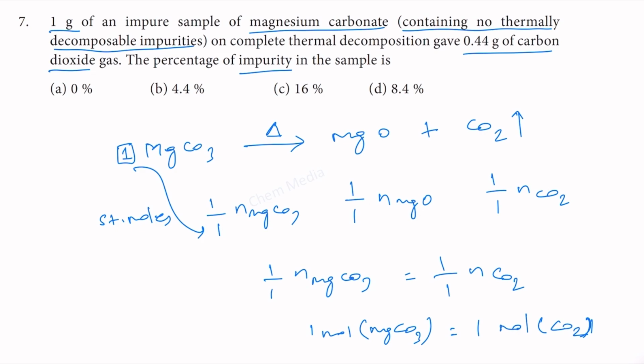Here 1 gram of an impure sample of magnesium carbonate, but does the carbon dioxide have impurity? No, the carbon dioxide is pure, that is 0.44 gram. And therefore, let us find the number of moles of carbon dioxide first. So, number of moles is equal to mass divided by molar mass. Mass given is 0.44 gram.